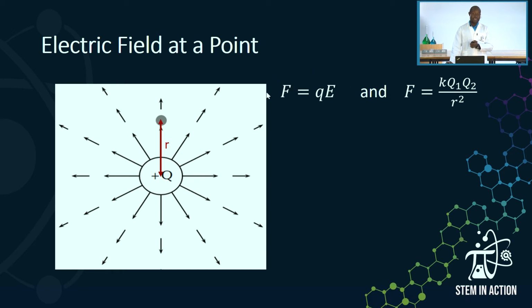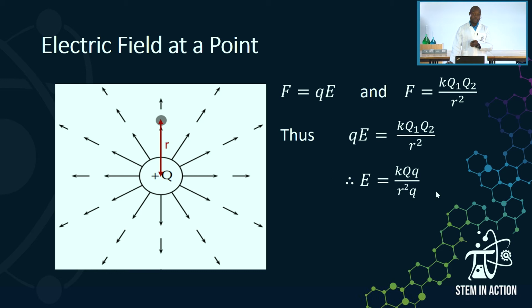We already expressed this formula as saying F is equal to QE, and we already know that F is also equal to KQ1Q2 over R squared, where Q1 is going to be perhaps the charge here, and Q2 will be the charge of that point, and R is the distance between them. Therefore, because we have got F and F here, we can equate this part, and we say QE is going to be equal to KQ1Q2 over R squared. And therefore, we can rearrange this by taking the Q to this side.